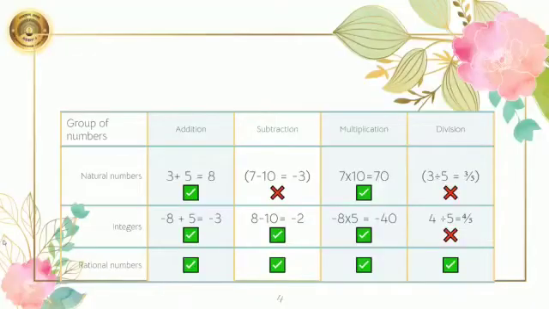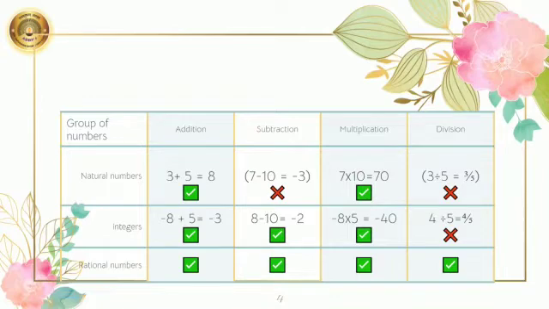Now let's consider this table, which is on page number 35 of your textbook. Here you have to consider the group of natural numbers, integers and rational numbers. Now in front of each group, write the inference that you make after carrying out the operation of addition, subtraction, multiplication and division using a tick mark or a cross mark.